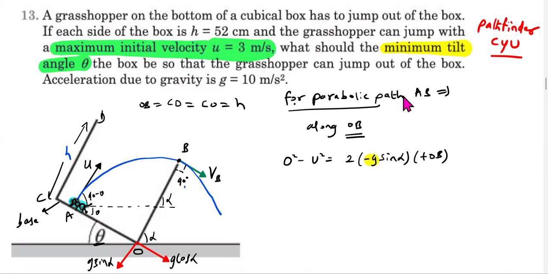Why this negative sign? Because this g sin alpha is directed opposite to the initial velocity, and this length h will be measured in this direction. So this h is positive.